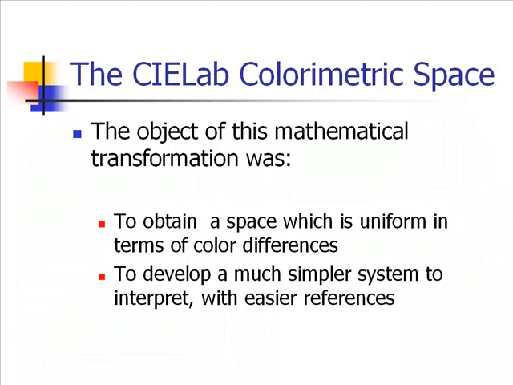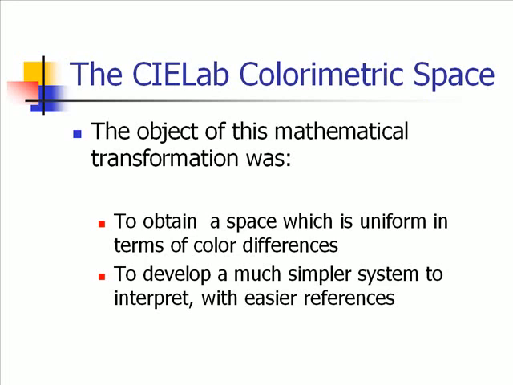Back when they were trying to make better color spaces, they wanted to find a color space which is uniform in terms of color difference. What we're talking about there is if you measure a distance between two color samples on the diagram, say you use a ruler to do that, and it has a certain color difference in terms of what we see visually.